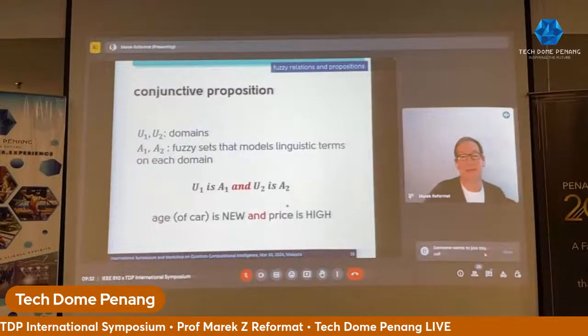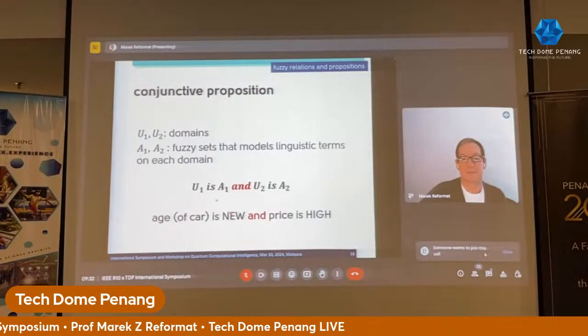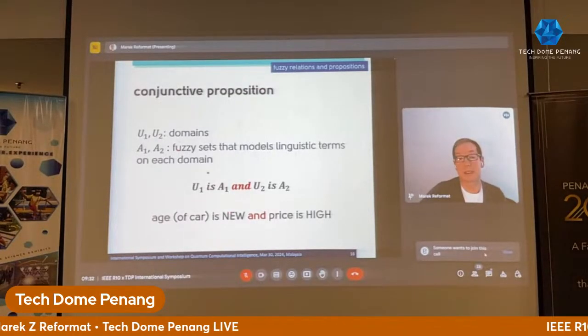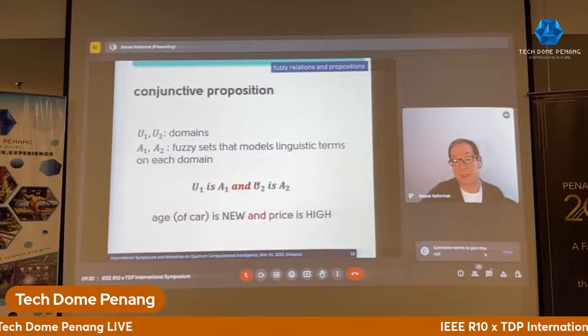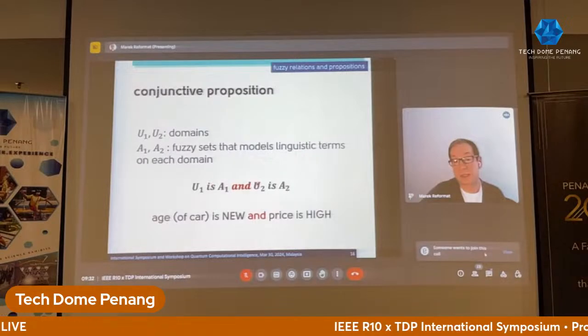Of course, you can put things together, so you can have a statement like this, and in this particular case, you can have two different domains, two different fuzzy sets.